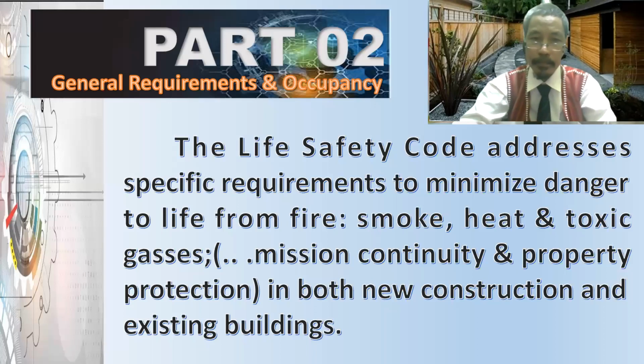So we have part 2, general requirements and occupancy. Our code objective is the satisfaction of the life safety code by specific requirements to minimize danger to life from fire, smoke, heat, and toxic gases, mission continuity and property protection in both new construction and existing buildings.